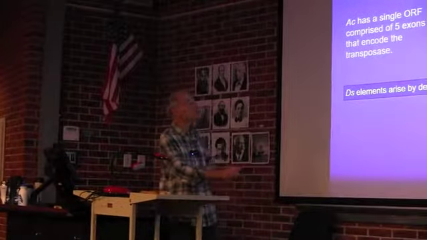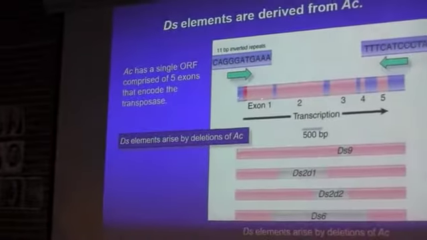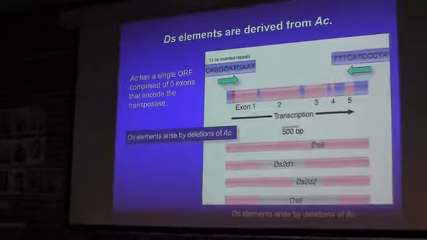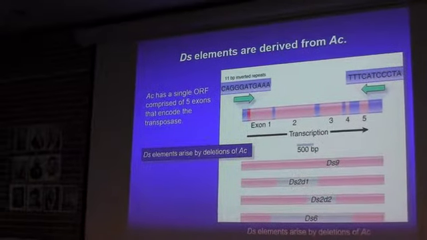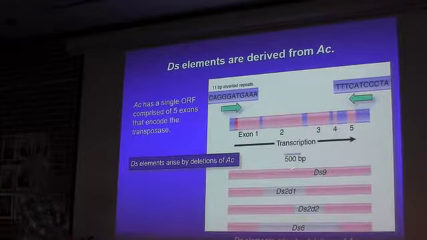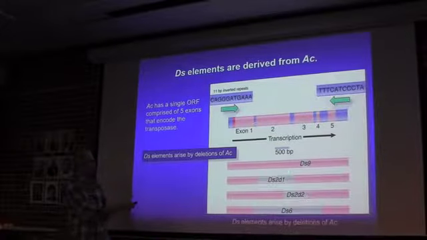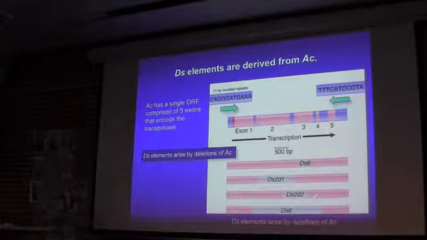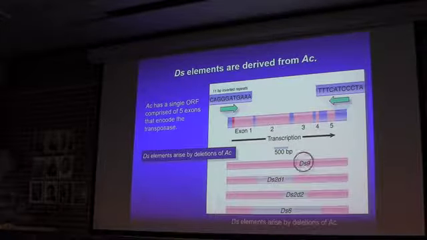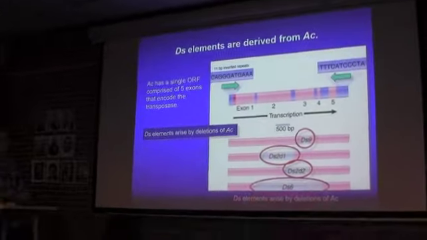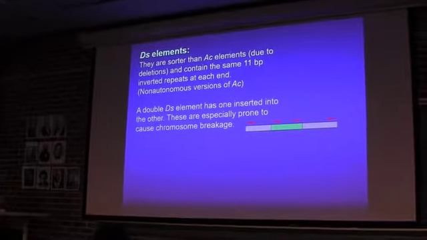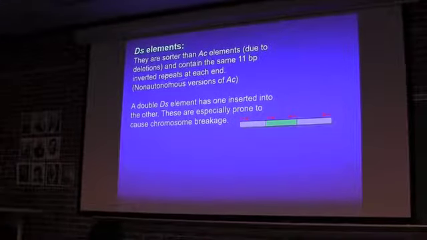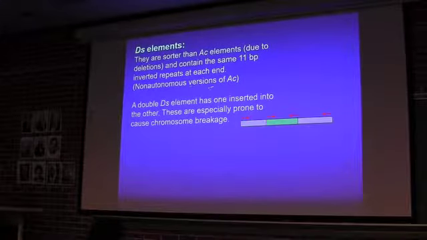So here you see AC with a perfectly good transposase gene, complete with introns. But notice what the DS elements look like. They're very much shorter and really just have the inverted repeats. Shorter, they retain the same 11 base pair inverted repeats, non-autonomous versions of AC.